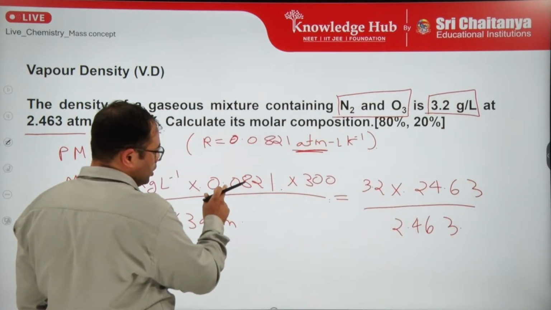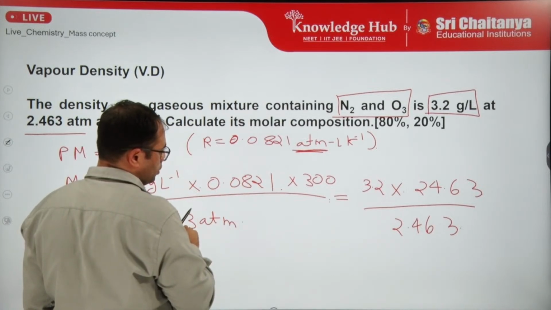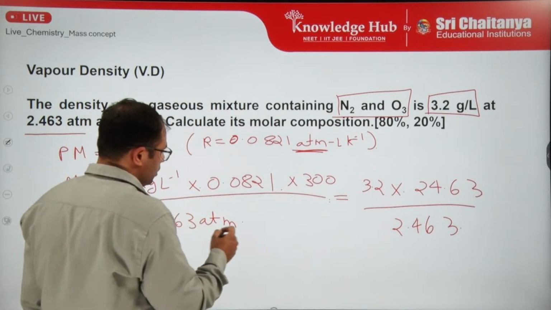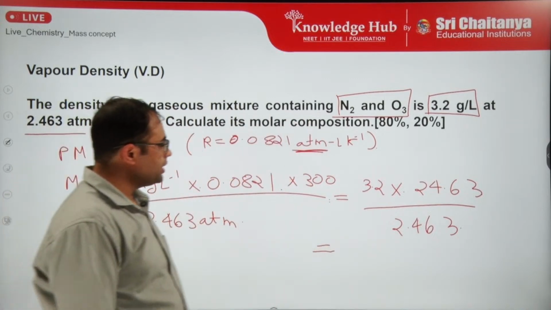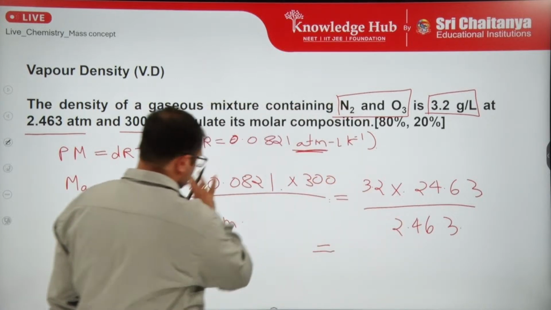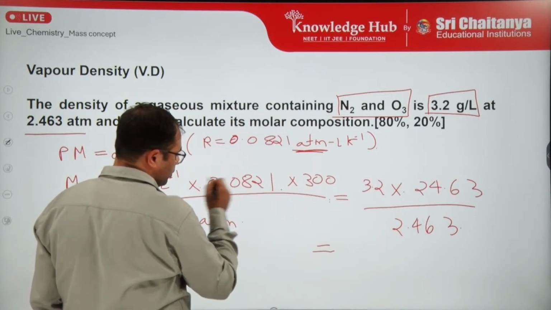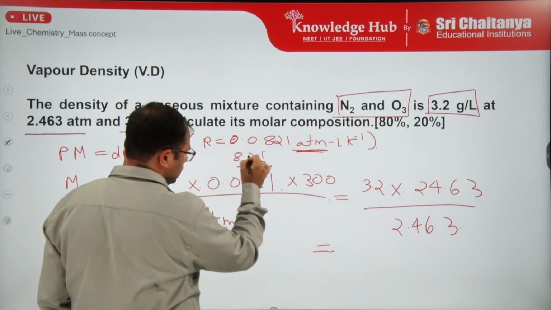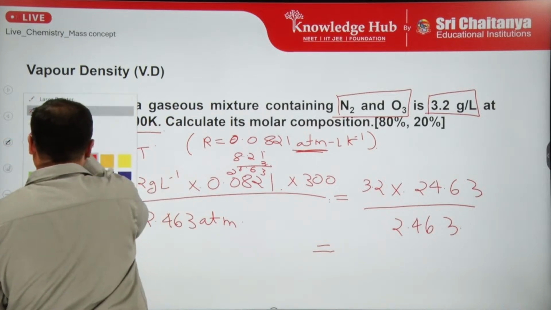It will come out to be 8.21. If you further solve this, you will get a value of density. Now let us see what value do we get. Let me just check this calculation as well. If you multiply 100, it comes out to be 8.21, 24.63, right, I am correct.